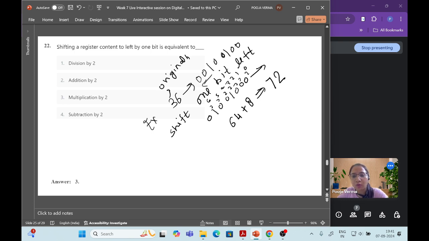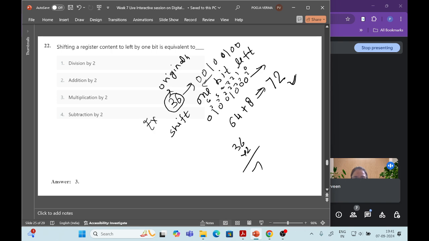That means the original value is 36, but if we shift one bit left, you will get 72. Means 36 into 2 equals 72, that means multiplication by 2. If we shift one bit left, we get multiplication by 2.